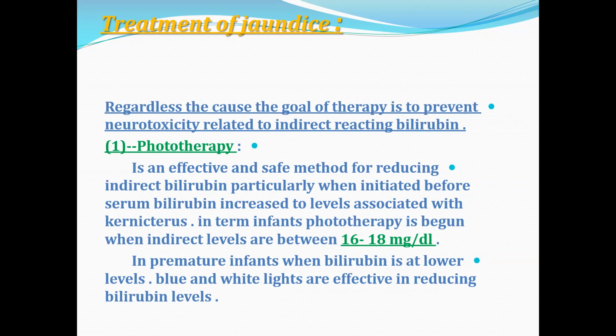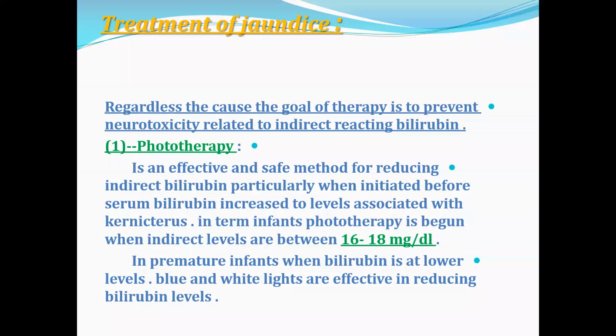So if the level of jaundice is more than physiological, we start with different lines of treatment, starting with phototherapy. It is an effective and safe method for reducing indirect bilirubin, particularly when initiated before serum bilirubin increases to a level that may cause kernicterus.